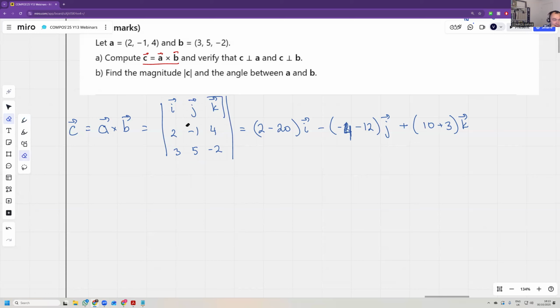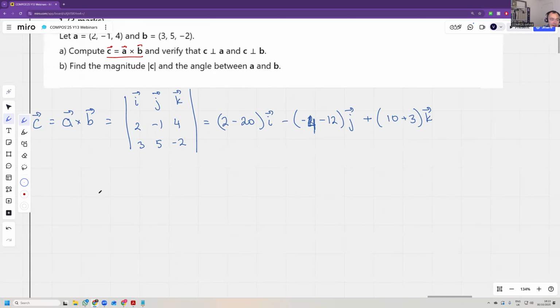All right. So now I'm finding the cross product of two vectors. And finally, I get minus 18i, minus 6 plus 16j plus 13k. I don't know about you, but I hate base vectors.